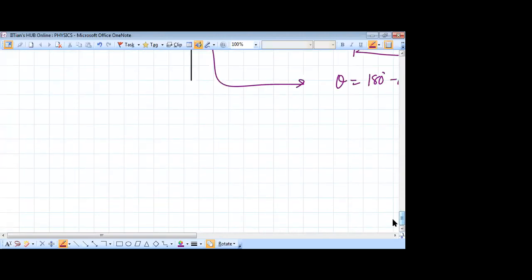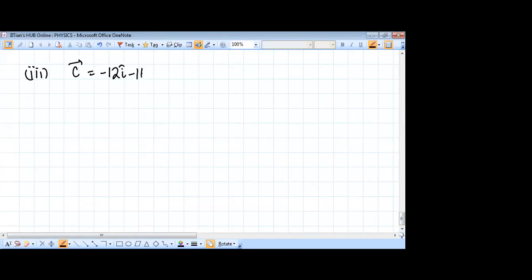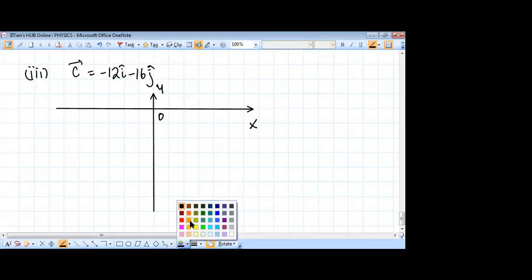Yes, magnitude is correct. So the x component is minus 12 and the y component is minus 16.